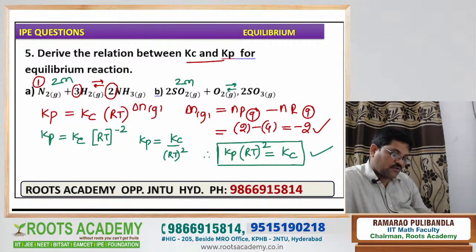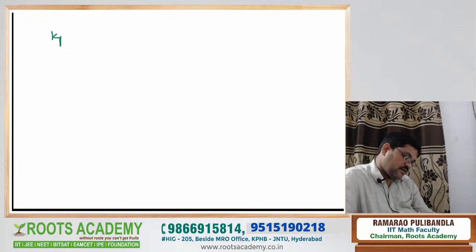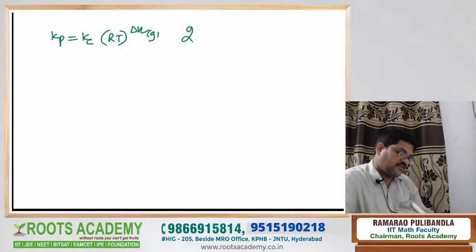And take this example: 2SO2 plus O2 gas gives rise to 2SO3 gas. Again the same explanation. Kp is equal to Kc RT whole power delta n in the gas state.